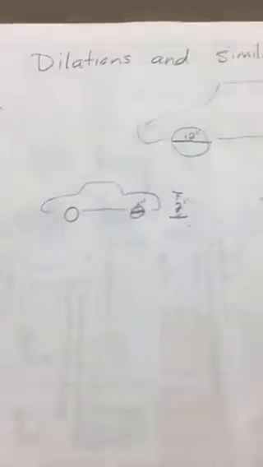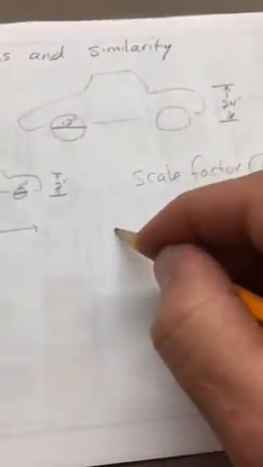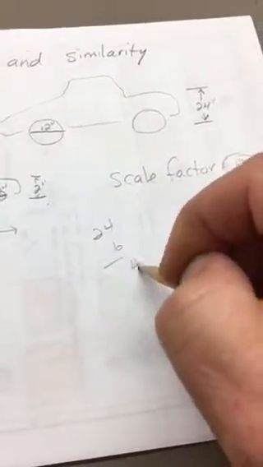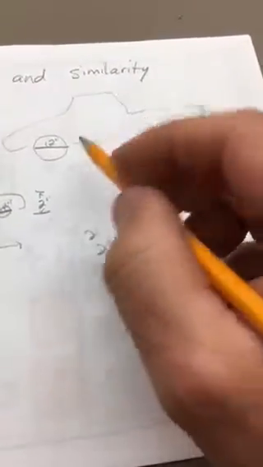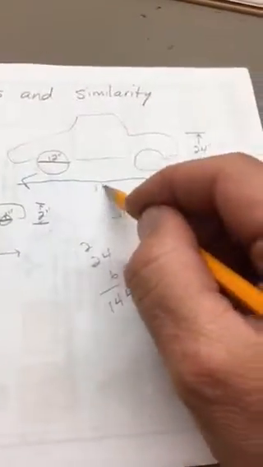So any measurement on this car, let's say the length of this thing, let's call it 6 inches long. Well, 6 times 24 is 144. So then my real car would be 144 inches long.